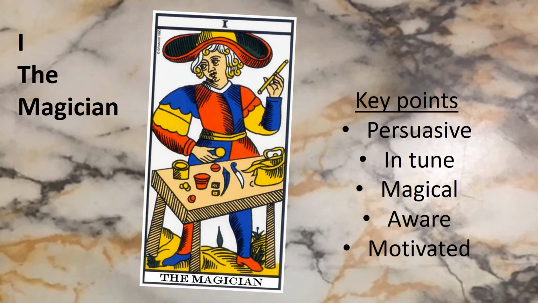Number 1 is represented with the Magician, and just like the Minor Arcana, the 1 usually represents the start of a cycle. The Magician is persuasive. He is in tune. He has magical qualities, and he taps into his intuition, his ability to understand the world, the universe around him, to manifest his magical qualities.